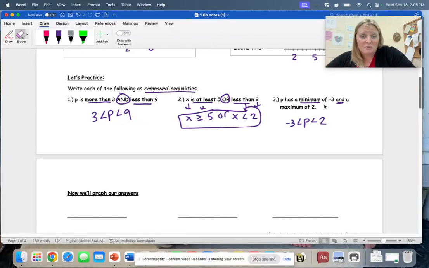Think of a sentence that you've heard where you've heard the word minimum. For example, you have to be a minimum of 18 years old to be considered a legal adult. So what about people that are 18 years old? Are they adults? Yes, they are. Okay, so that's an inclusive phrase. So we would accept -3 as an answer, and we would also accept 2.